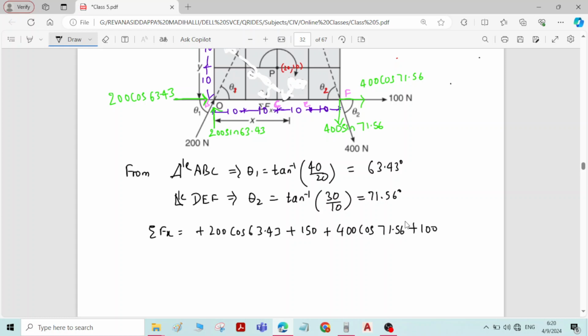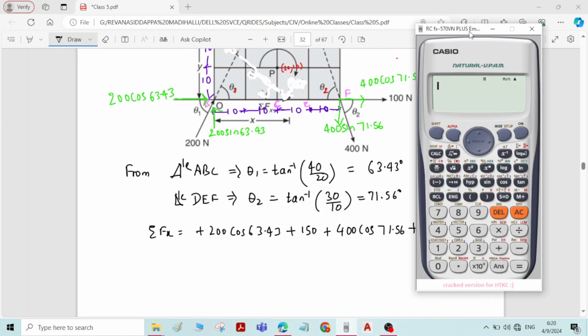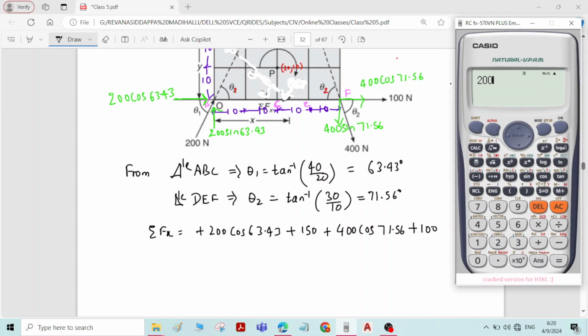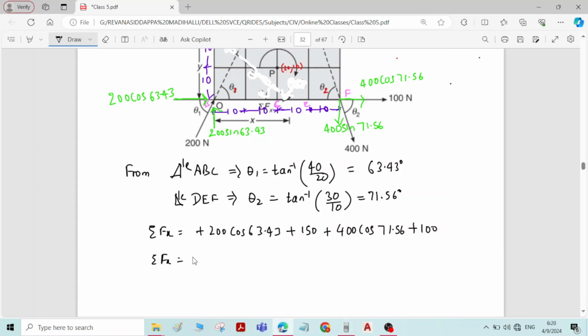So the answer is 200 cos 63.43 plus 150 plus 100 plus 400 cos 71.56, which is 465.98 Newton.